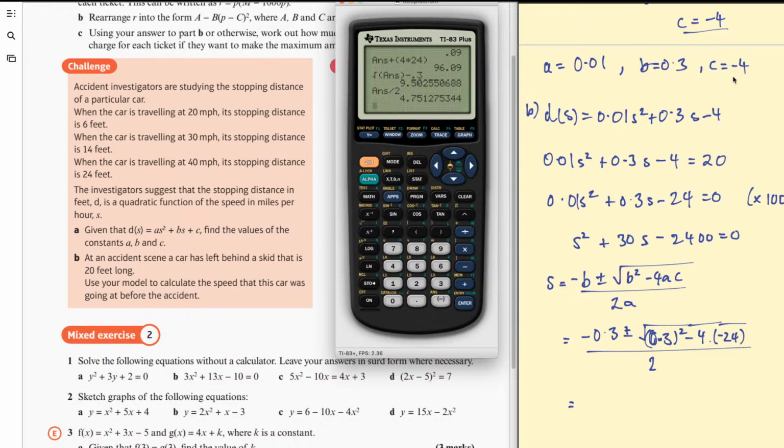Okay, actually, let's just assume they're correct for now. So basically, 4.75 I don't think is the speed because that's just too slow. So I'm assuming I made some error here.